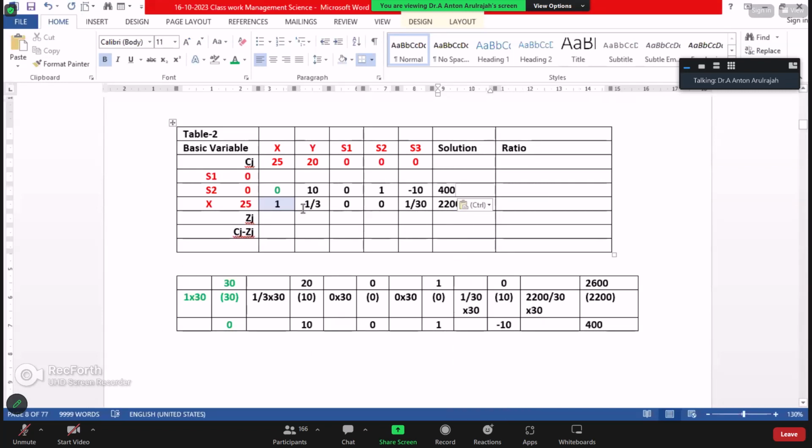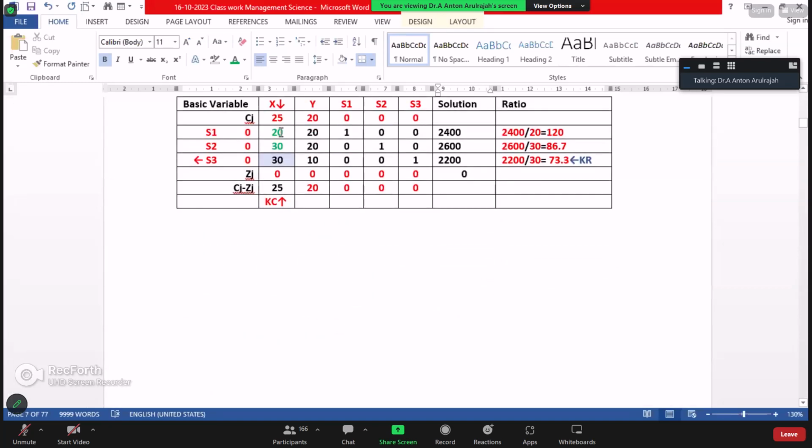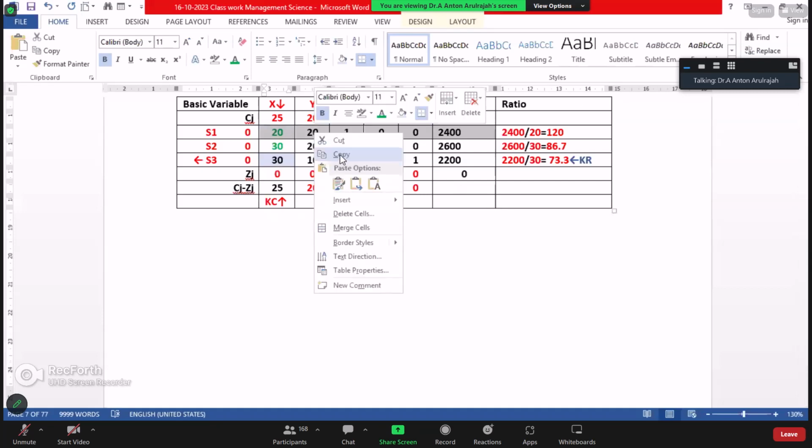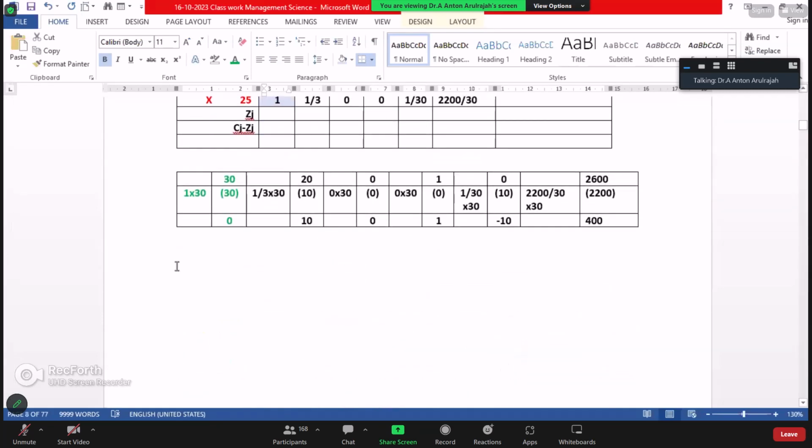This is a working one. We have finished this. Then again, you see in the first table, this 20 also we have to make it 0. This place in the new table, it is 0. So therefore, I copy this and paste it below this one.